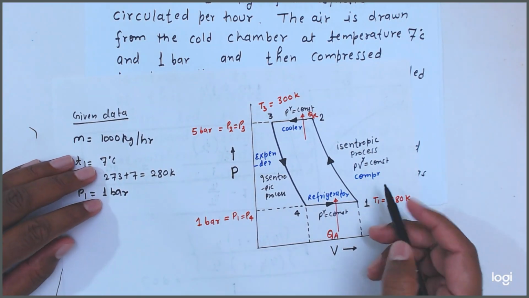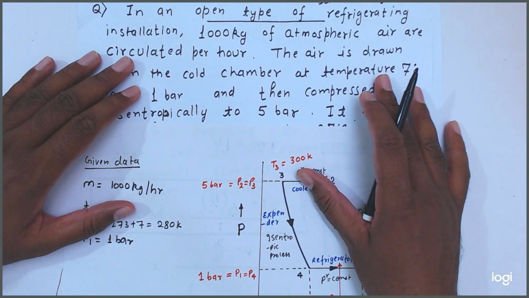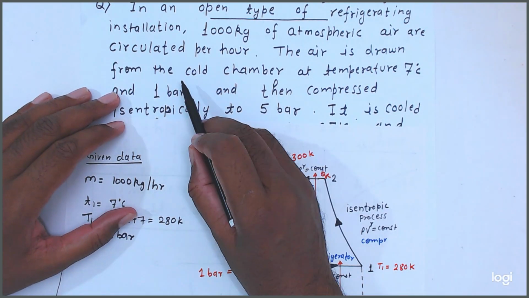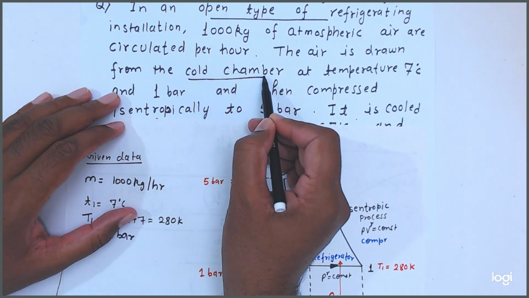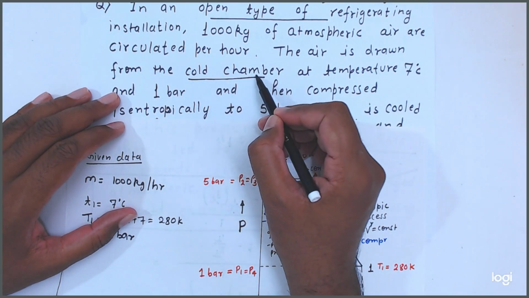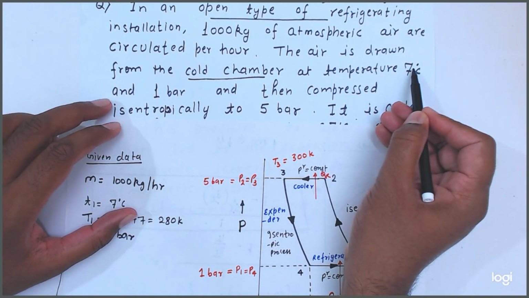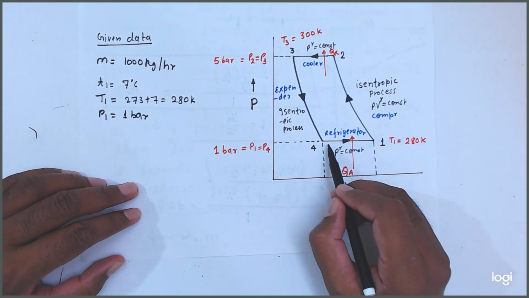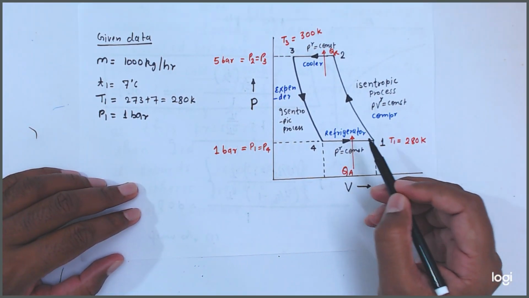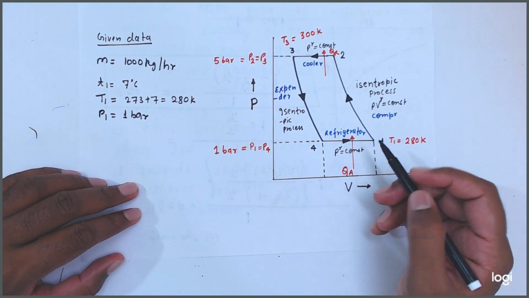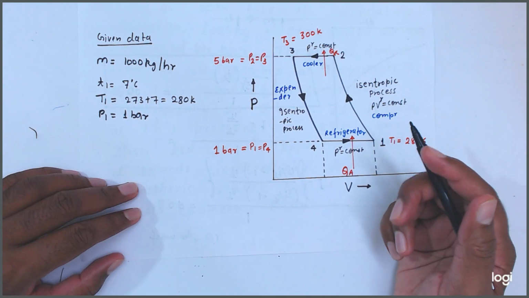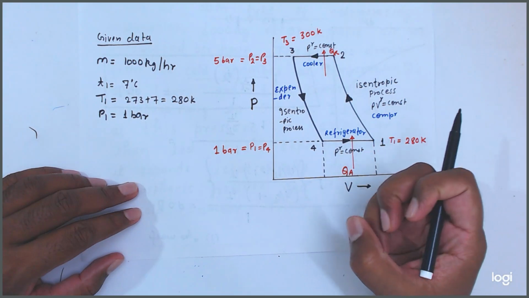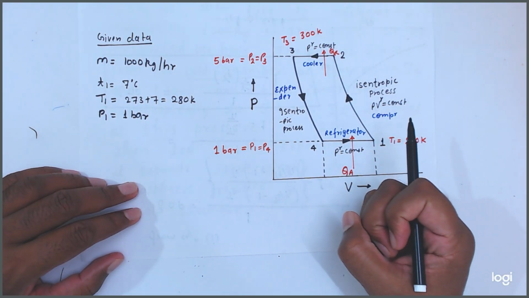Friends, you just see, the air is drawn from the cold chamber at temperature 7 degrees centigrade and 1 bar pressure. Friends, this is the cold chamber where the heat absorption or heat extraction will be there. Here in process 4 to 1 it will absorb heat and extract heat from the system.